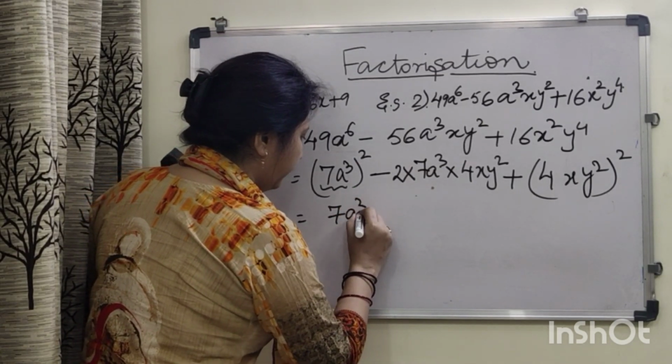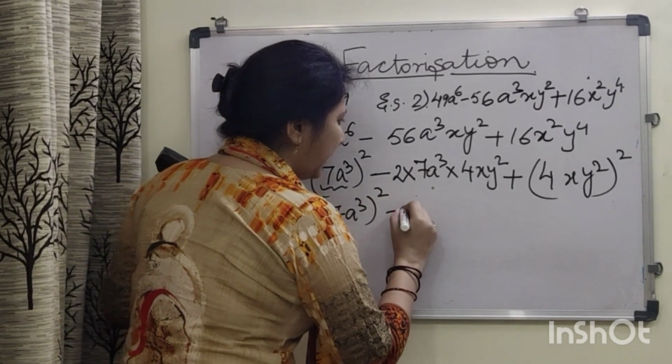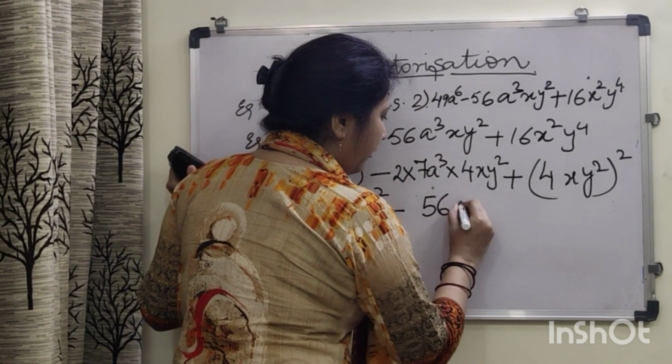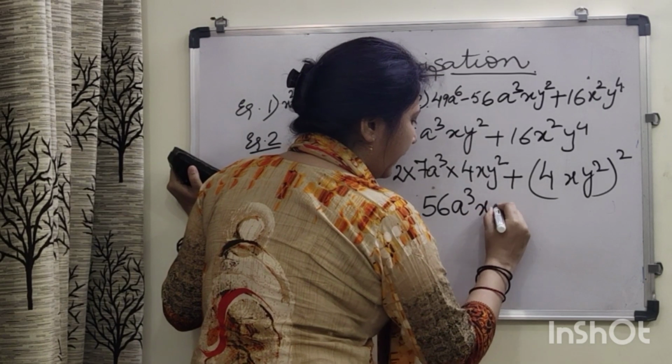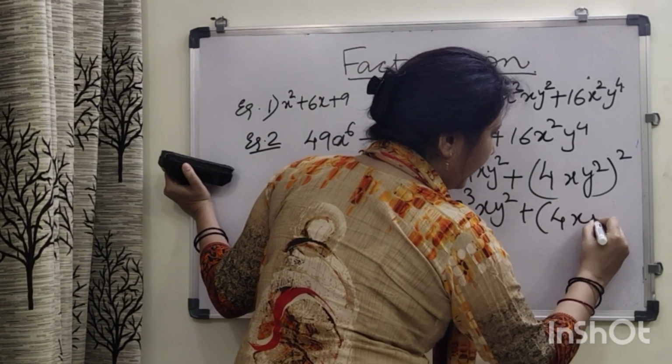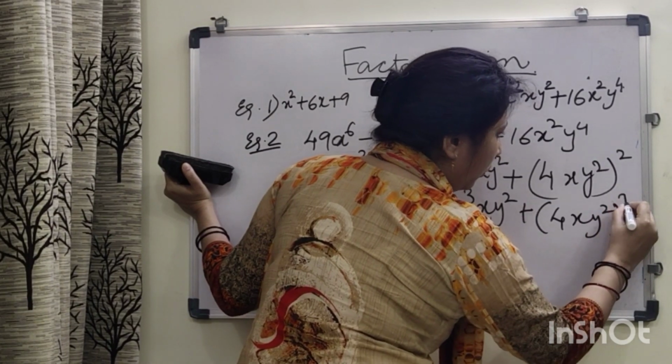7a cube whole square minus 7 2s are 14, 14 4s are 56a cube xy square, and here we have 4xy square whole square.